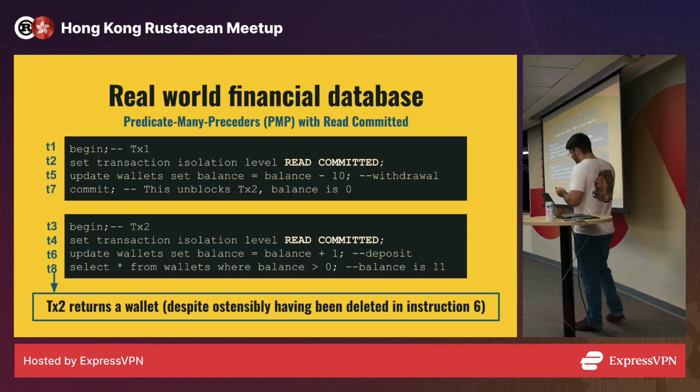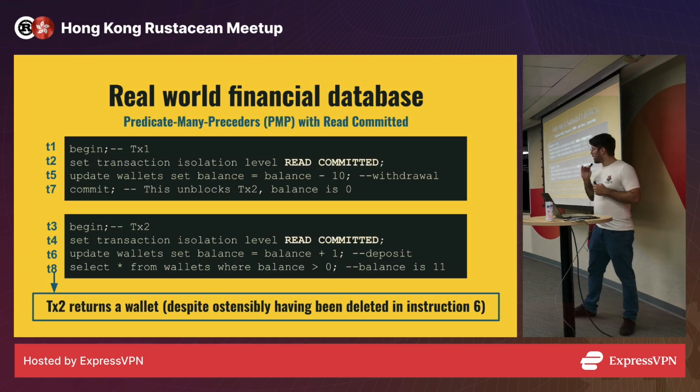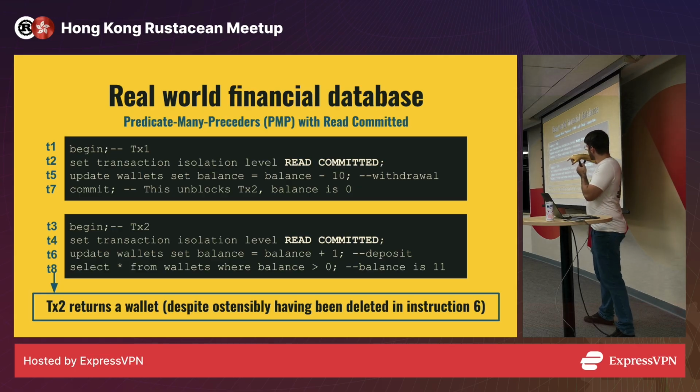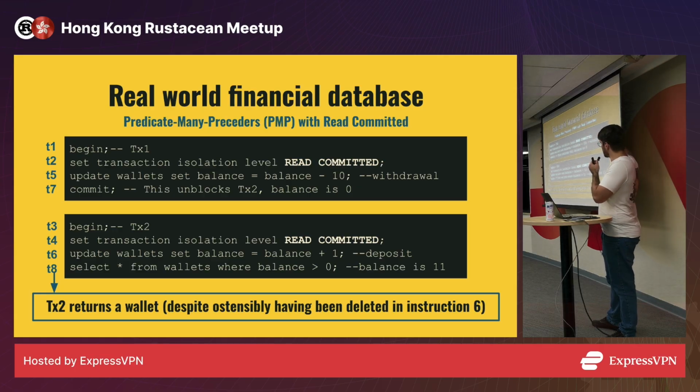So how was this attack done? Basically, what I'm showing here is two transactions running concurrently. On your left, there is the timeline of the transactions. And this is an oversimplified case. Of course, I don't have access to the whole source code from them.